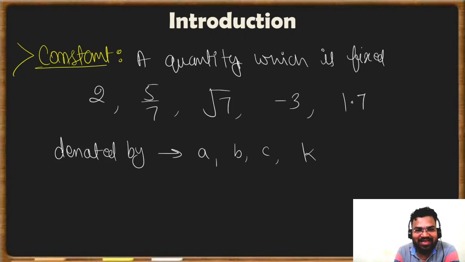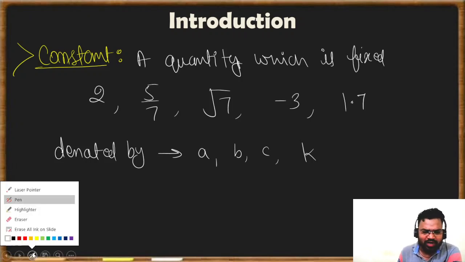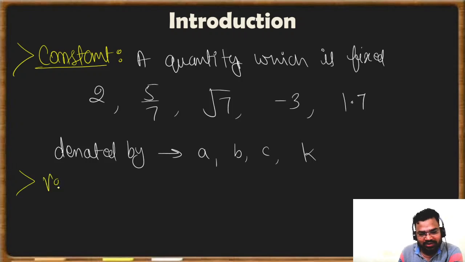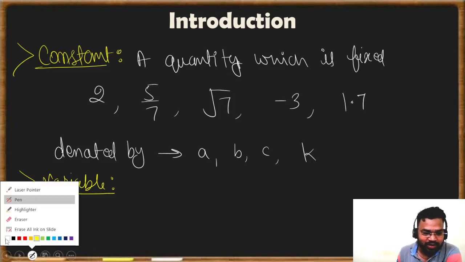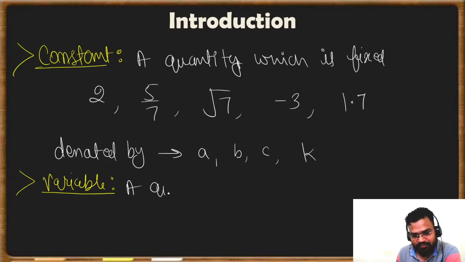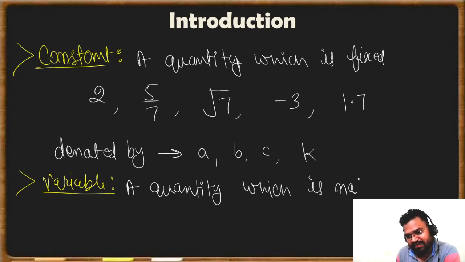Next one is variable. A variable is simply a quantity which is not fixed. Or you can say a quantity which changes, which varies from one value to another value, is known as a variable.